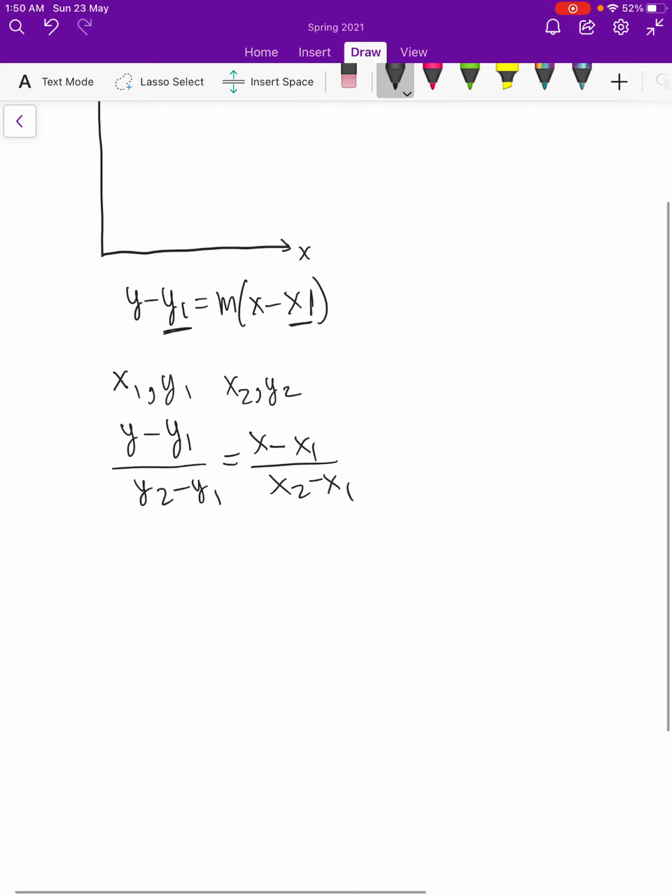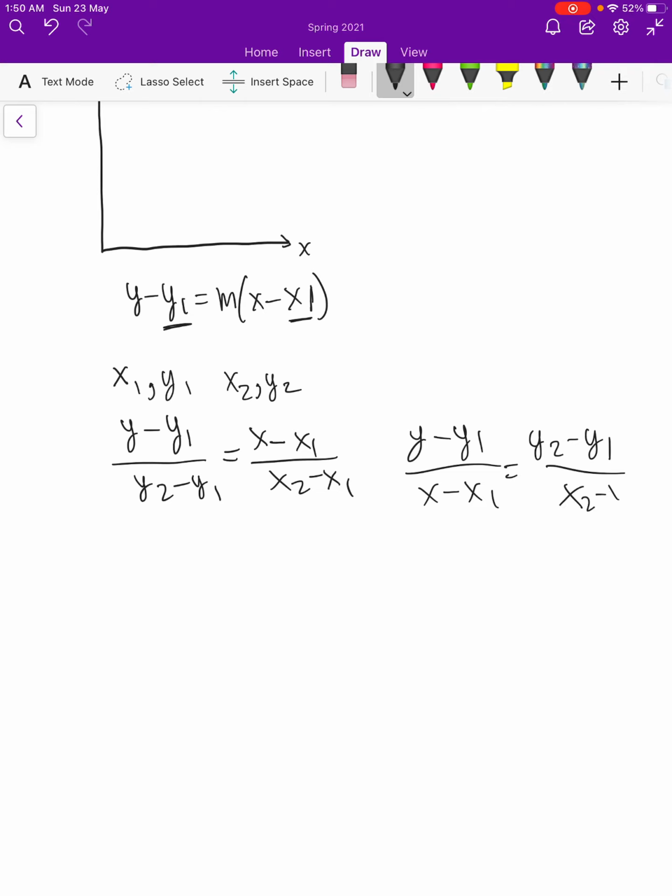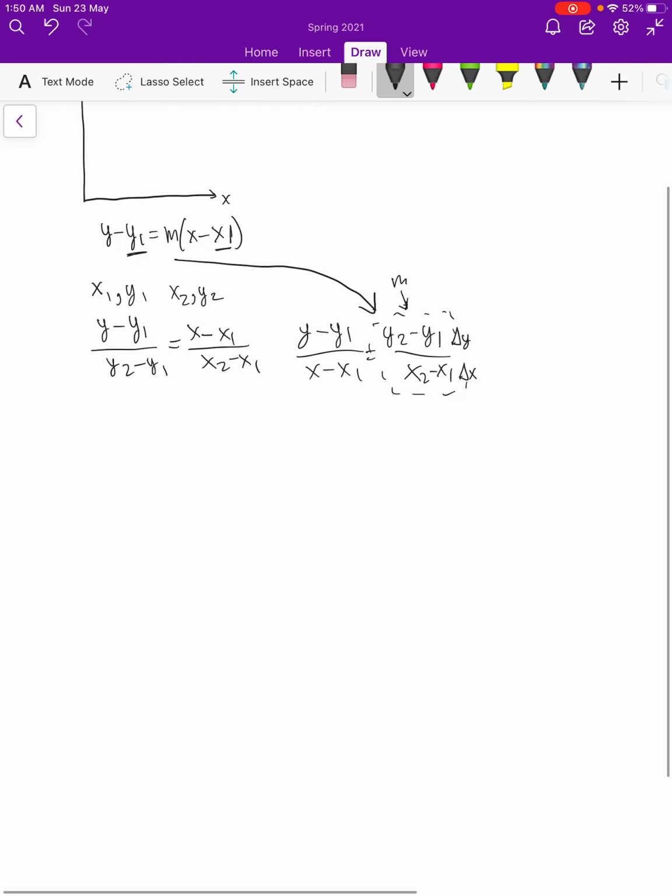So essentially this is how this works: you have y minus y1 over x minus x1 is equal to, if you manipulate things around, y2 minus y1 over x2 minus x1. And then you just have this identical equation because this is m, recall, it's the change in height over the change in x, which will give you the gradient of the line.